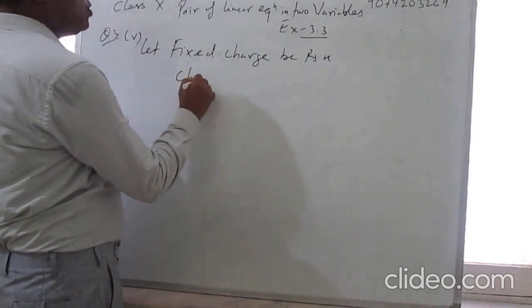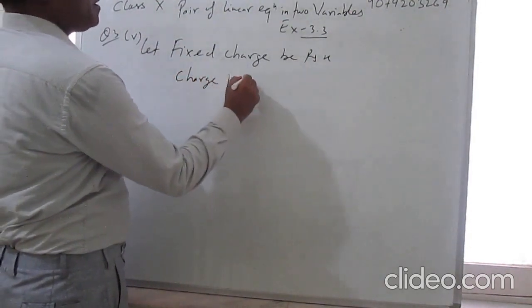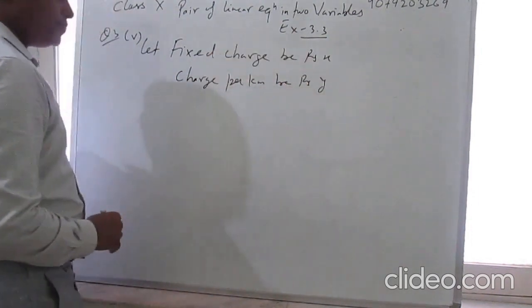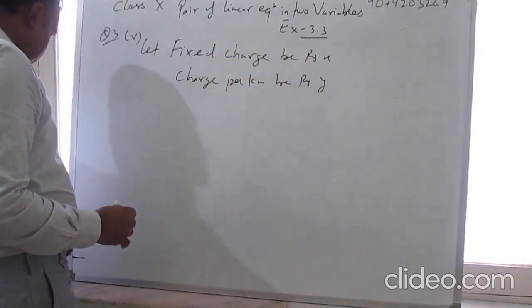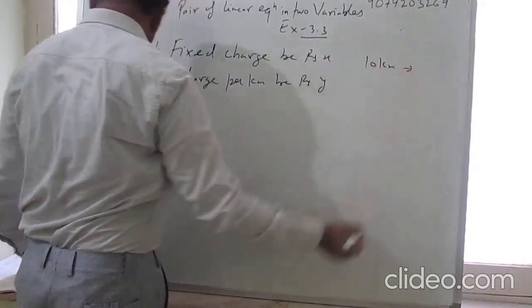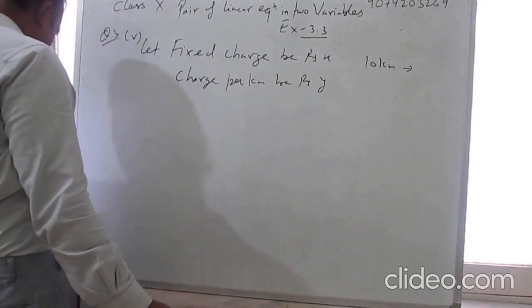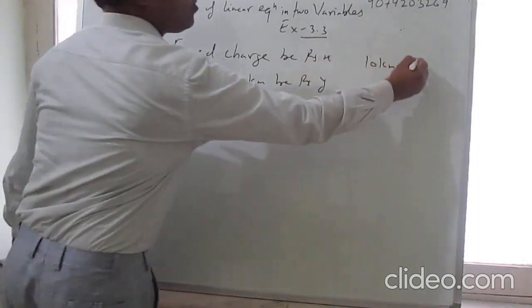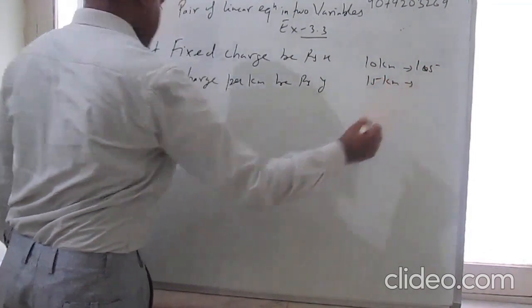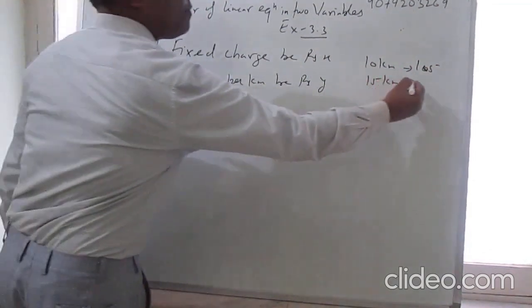So the charge per kilometer be rupees y. For a distance of 10 kilometers, he paid rupees 105, and for 15 kilometers he paid rupees 155.